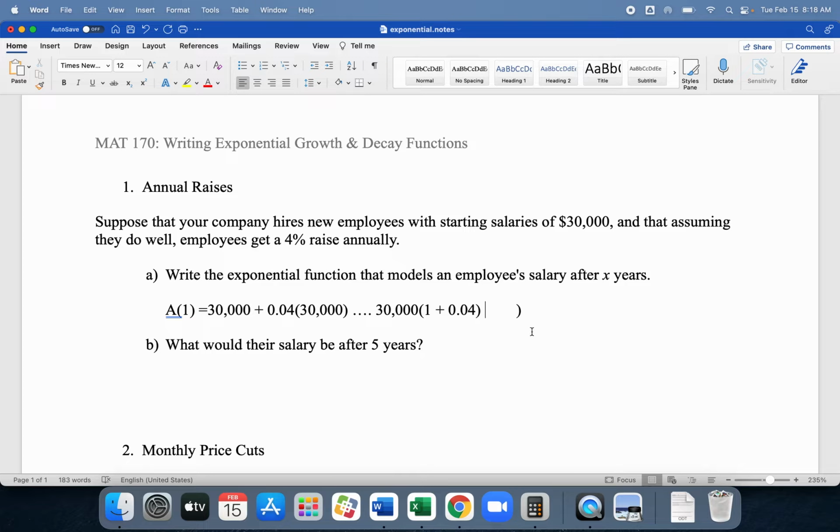I'm going to get rid of the rest of this. Would you agree, algebra-wise, following rules, those two statements are equivalent? 30,000 plus 0.04 times 30,000 is the same as 30,000 times 1 plus 0.04. So I could write this as 30,000 times 1.04, right? Because 1 plus 0.04 is 1.04.